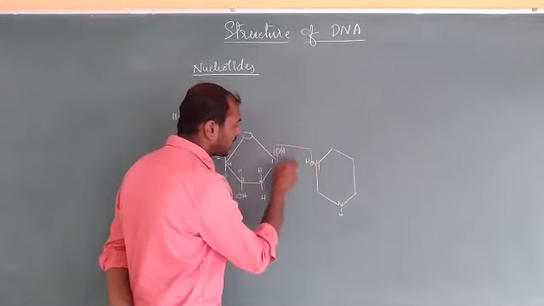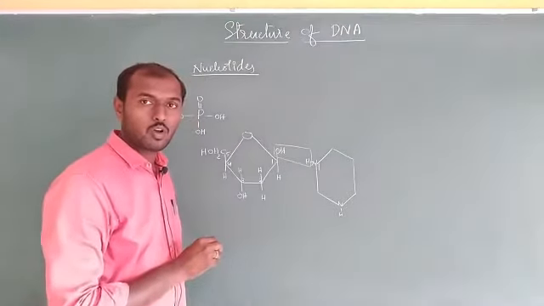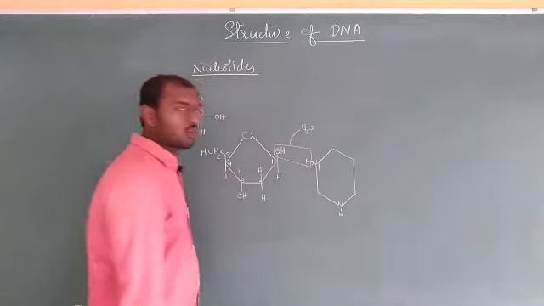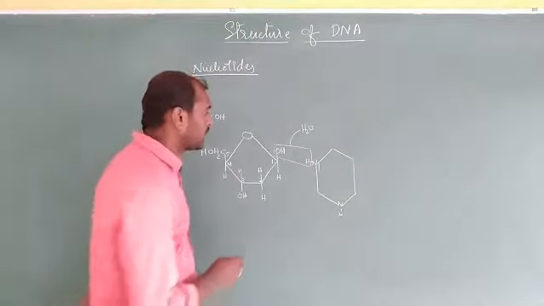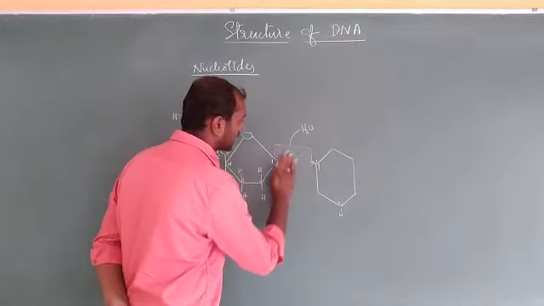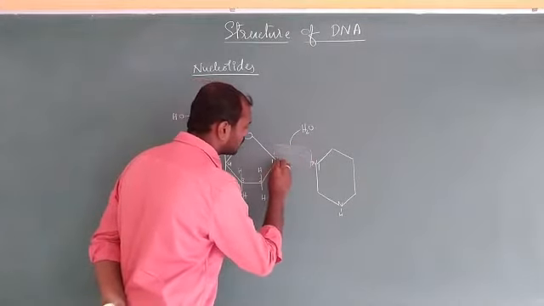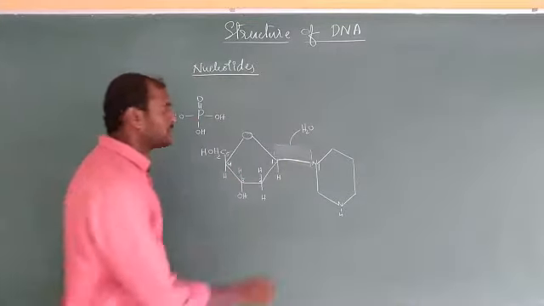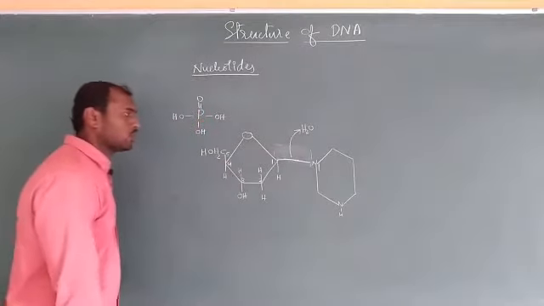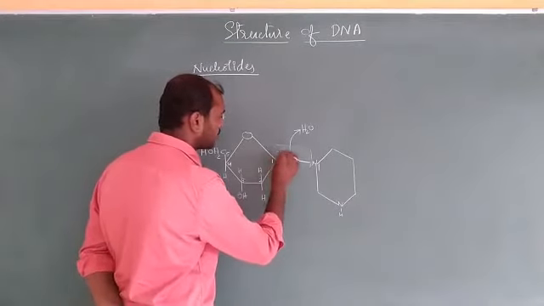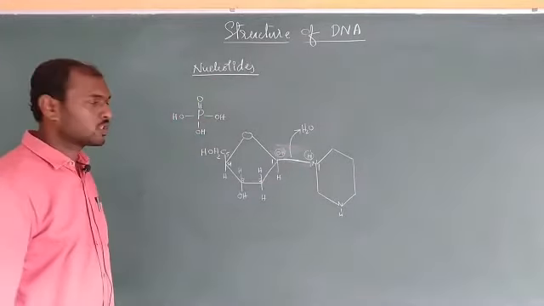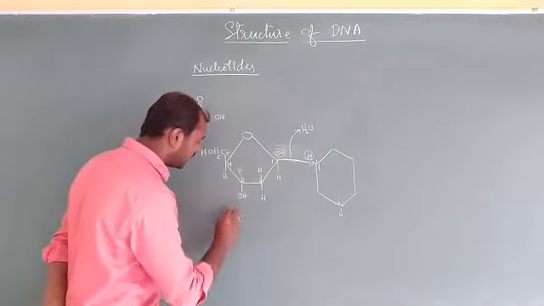There is an interaction between the OH and H of these 2 chemicals, liberating H2O outside, and a bond is going to form between the C and the N. By elimination of H2O, here we lost H from this side and OH from the other. This is the bond formation between the pentose sugar and the nitrogen base.